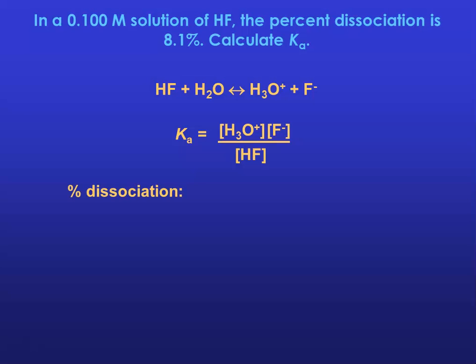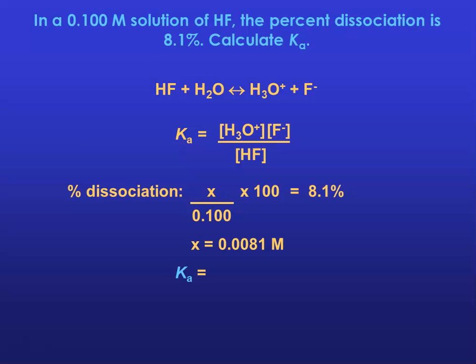Percent dissociation gives me what that change is, so that's going to help me find the hydronium concentration and the fluoride concentration when I compare it to my initial concentration of acid, 0.100 molar. Multiply that by 100 and that all equals 8.1%. So if I go through and solve for X, I get that it is 0.0081 molar.